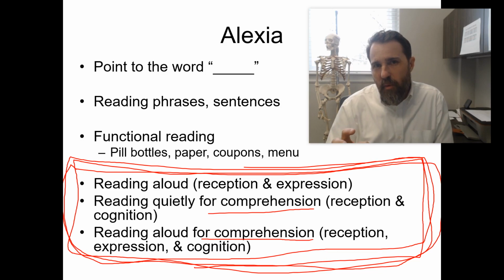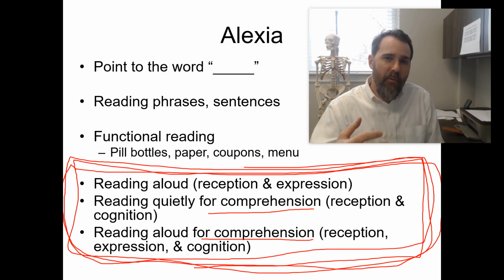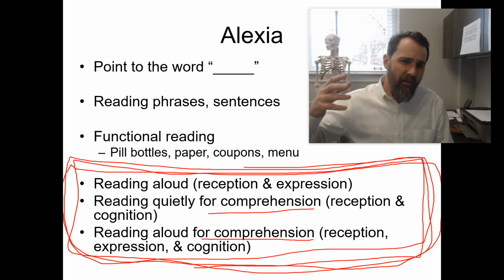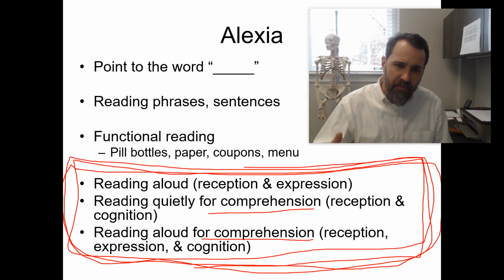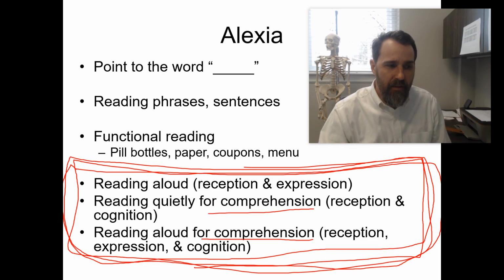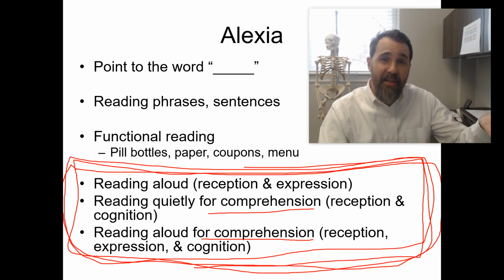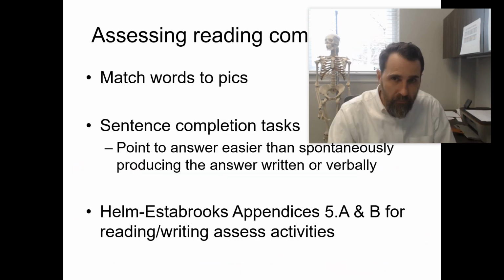So you have to be aware, when you ask a patient to do something, of all the background skills that they have to bring to bear to accomplish the thing that you're asking, so that you can be sensitive to the possibility of deficits in those other areas.